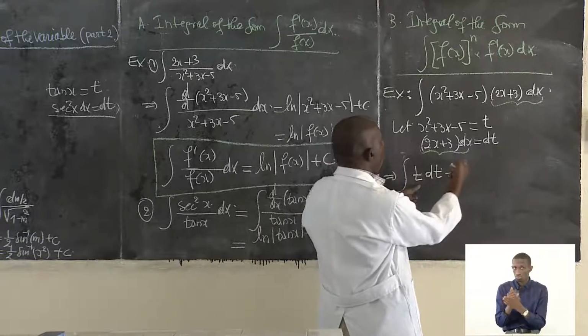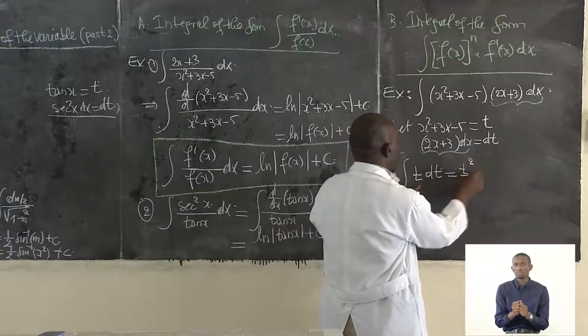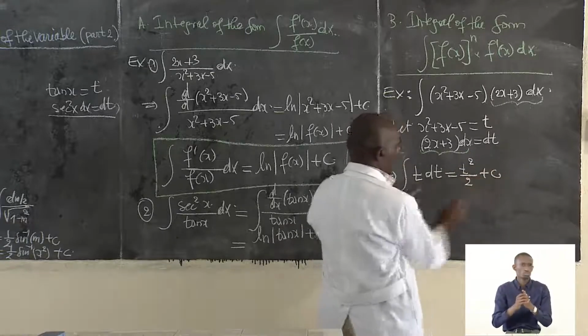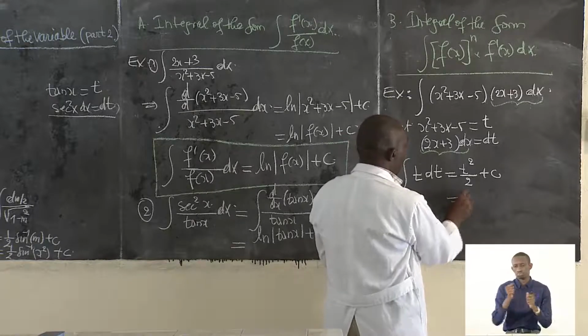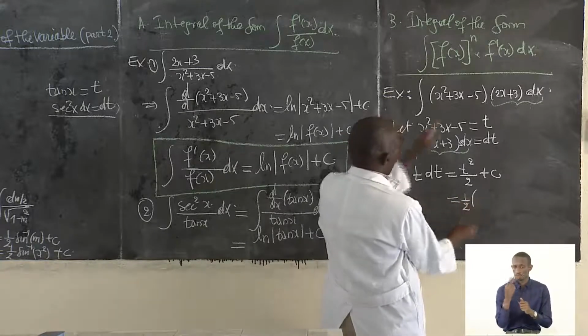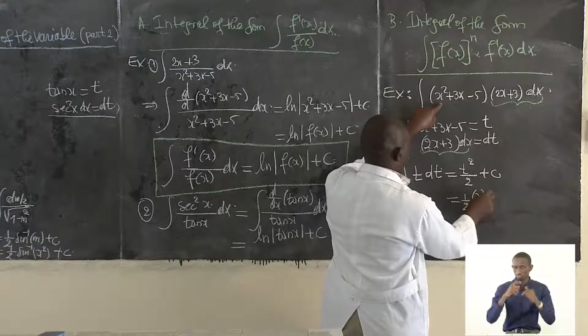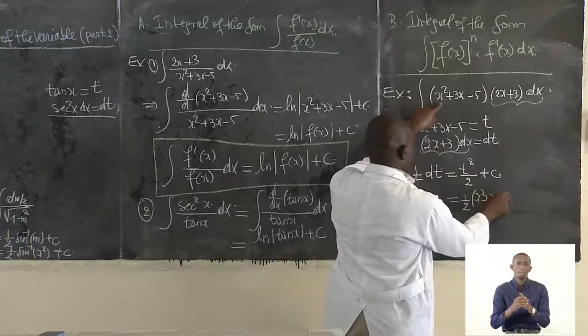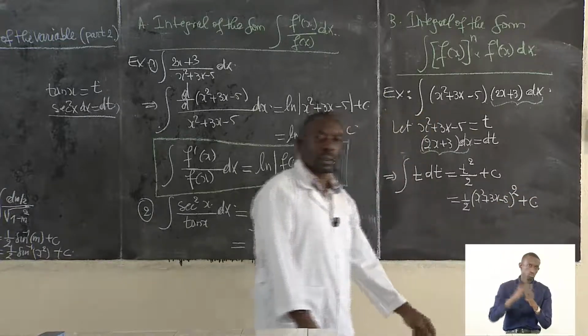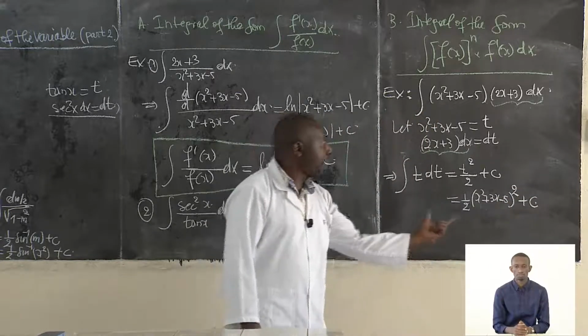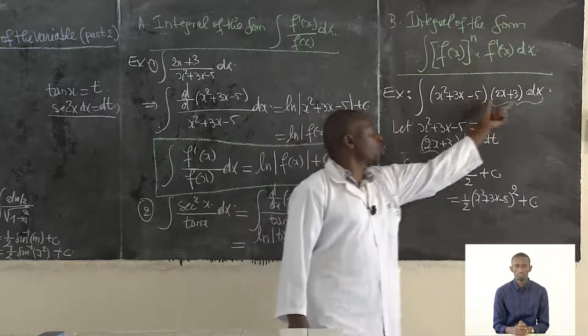That will be t power 1 plus 1, that is t squared divided by 2, then plus c. And replacing t by its value, you get a half times (x squared plus 3x minus 5) raised to power 2, then plus c. You can make a relationship between this one and this.